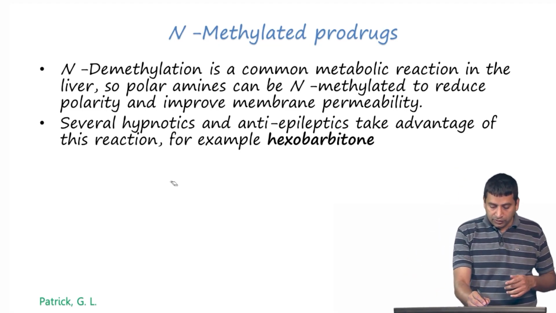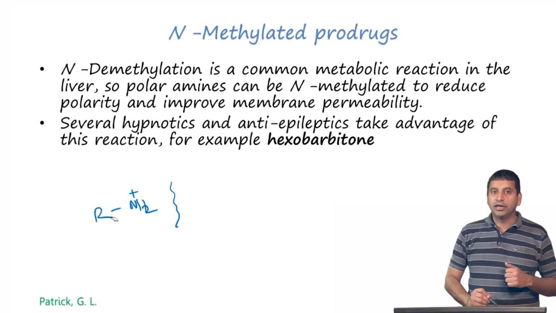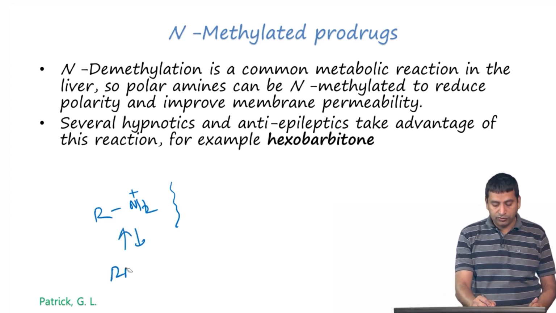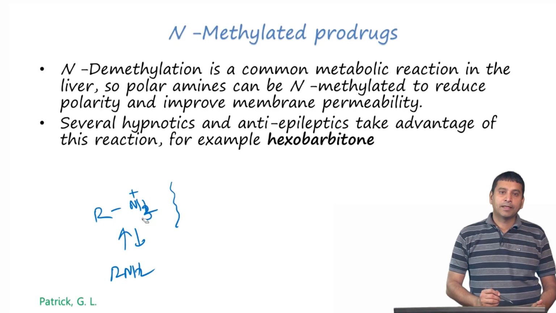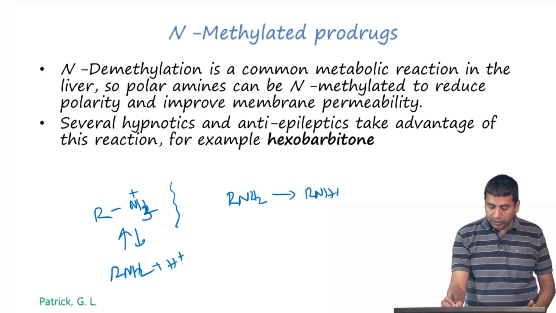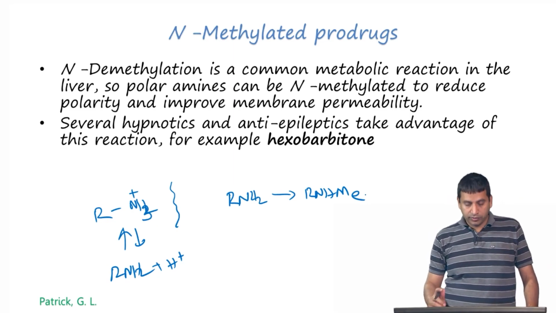For example, if you have a membrane and you have NH3 plus, possibly equilibrating with RNH2, now you can imagine RNH2 being converted to RNHMe, and the position of this equilibrium would be quite different.